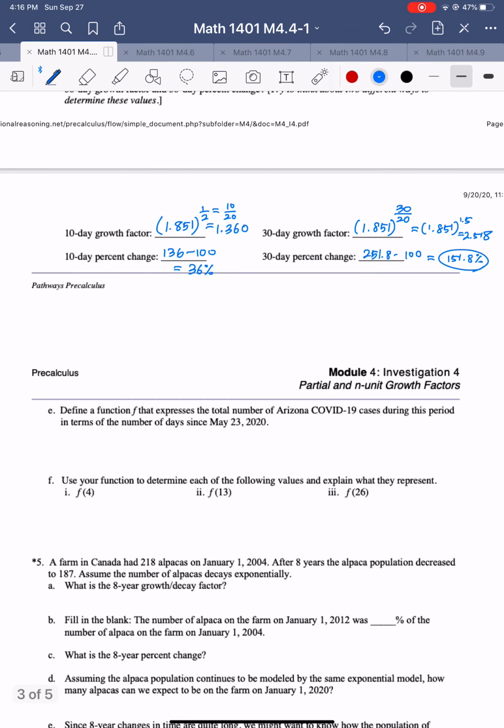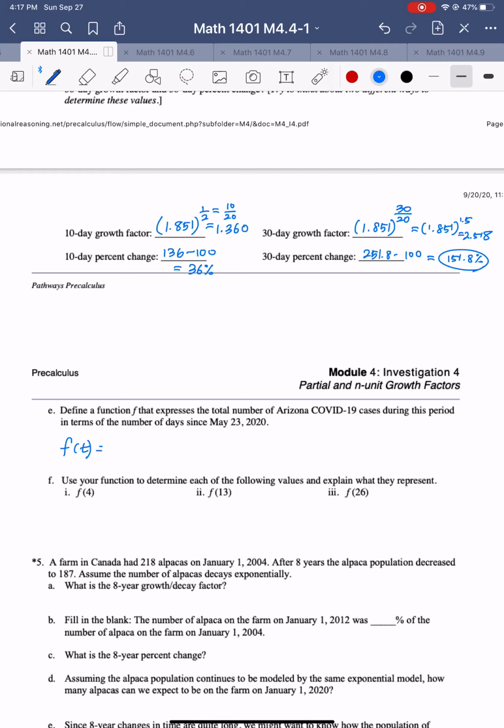And then E, define the function f that expresses the total number of Arizona COVID-19 cases during the period in terms of the number of days since May 23rd, 2020. So we are looking for a formula, right? So f of t, then what I want to do is make that a one day growth factor, okay?